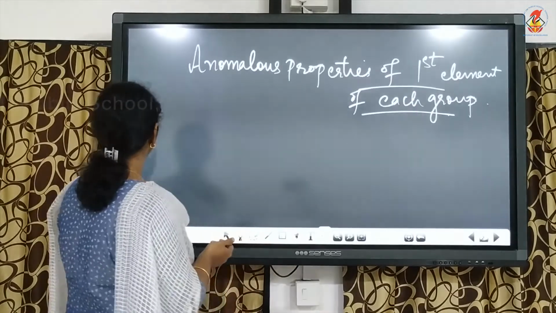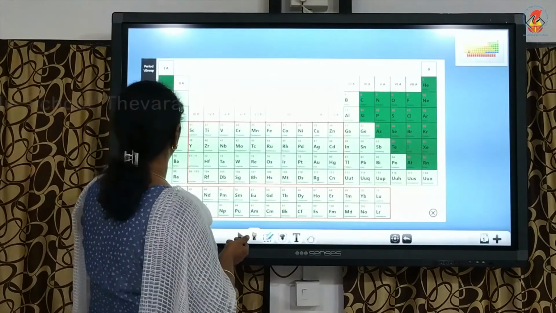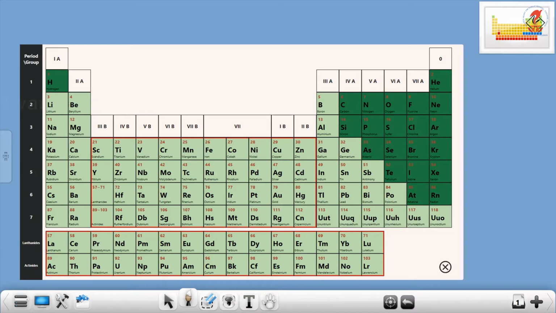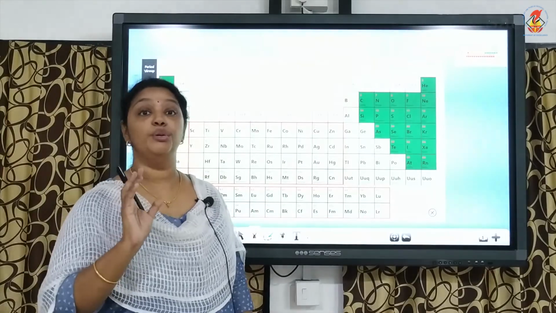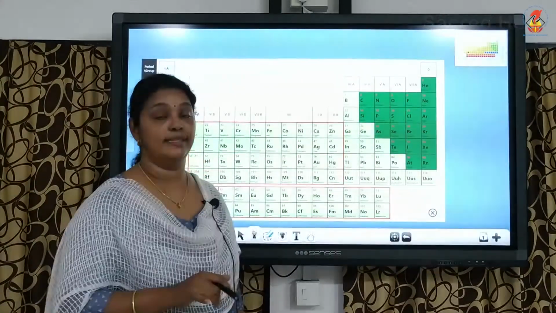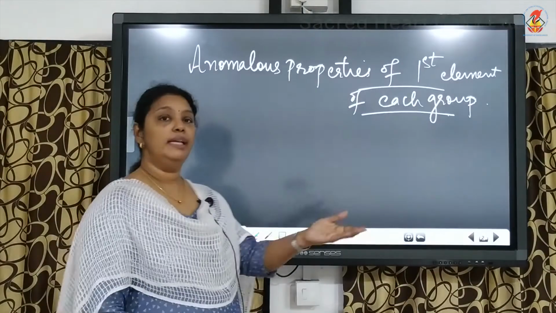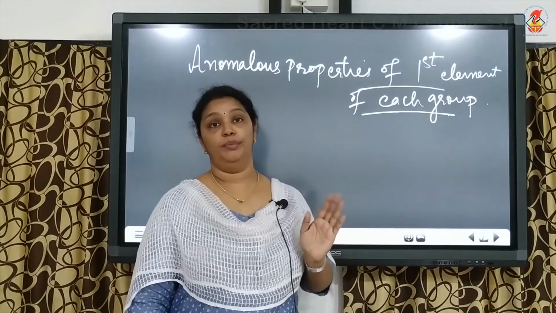Now I told you the first element of each group: group 1 is lithium, group 2 beryllium, group 13 boron, then carbon, nitrogen, oxygen, fluorine. The first element of each group shows anomalous properties. Anomalous properties means properties that are different from the elements of the same group.